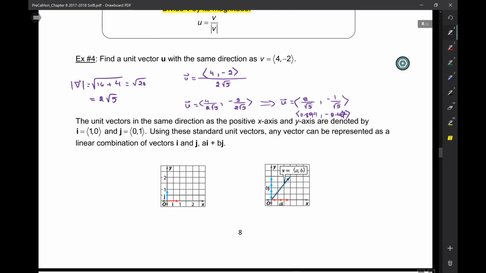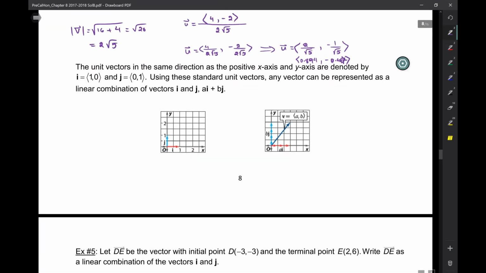Unit vectors are so important that if I have unit vectors in the horizontal direction only, something like this, it's going to have a component 1, 0, because you just go over 1 and up 0.